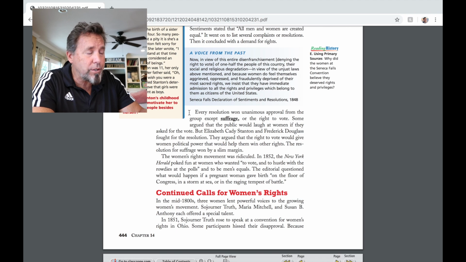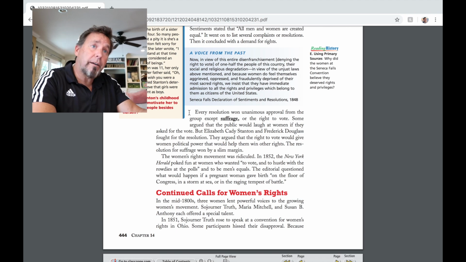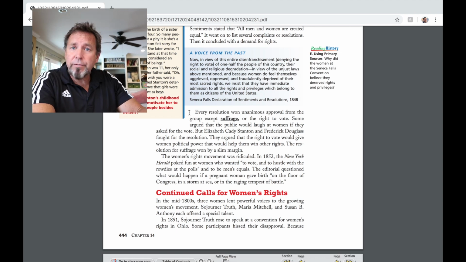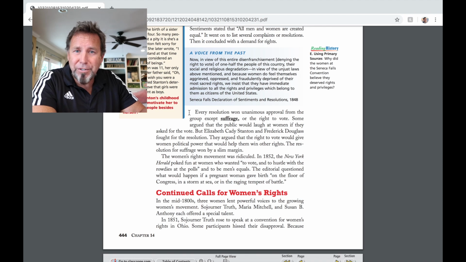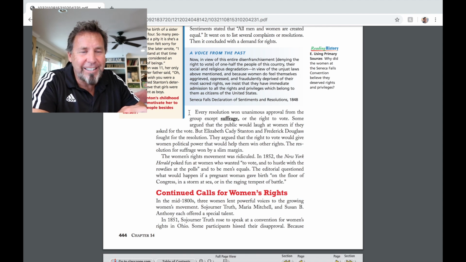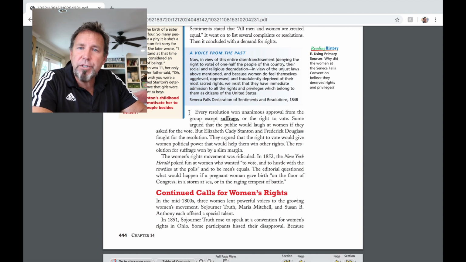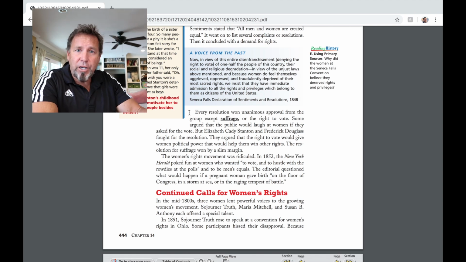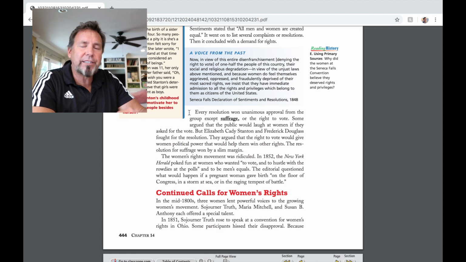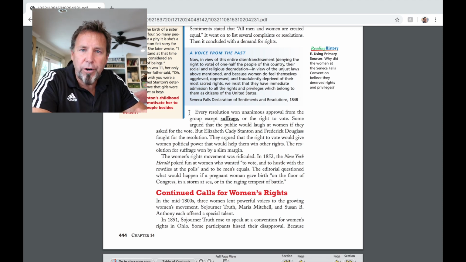Those are two different words. I guess you could suffer if you didn't have suffrage, the right to vote, but the two words are not really connected. But it's interesting that the right to vote, suffrage, was not unanimously approved at this convention, but eventually, the idea does come through that how are women ever going to get leaders to listen to them if they don't have a say in who these leaders are?